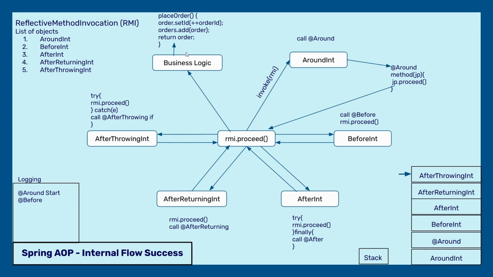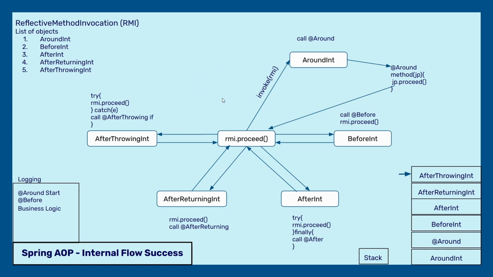And during this time, we added a log. So business logic will be printed in our logs and return back. And since nothing more is going to happen here, let's remove this, and the pointer goes back to the proceed. And since this part is also completed, let's remove this.